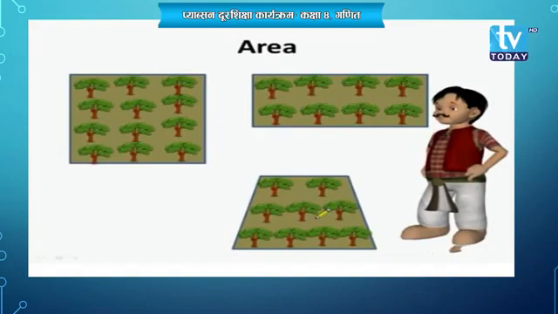Will you make a plan? See that man is making a plan. In which land should I prefer to grow more trees? He is thinking. See there. Wow, number of trees is there. What are they? Can you see?